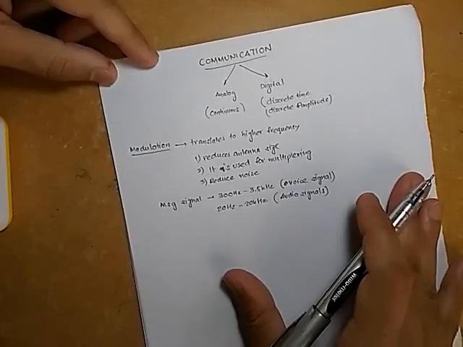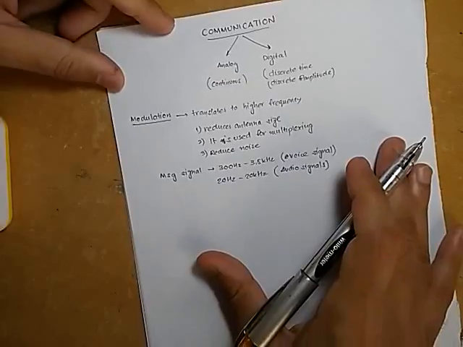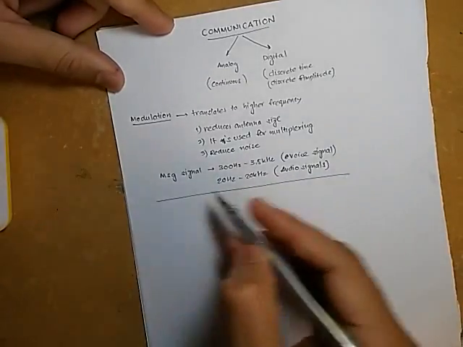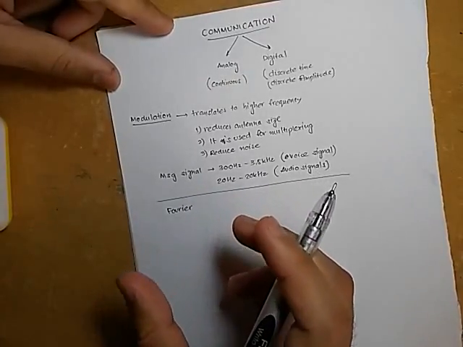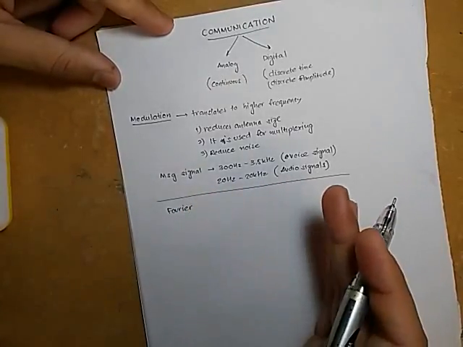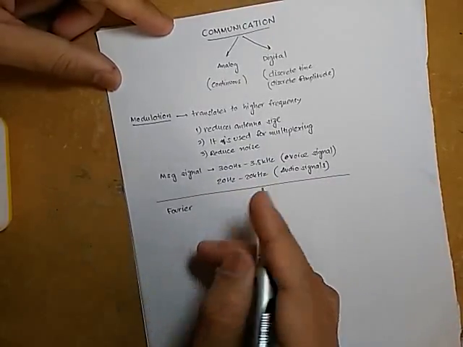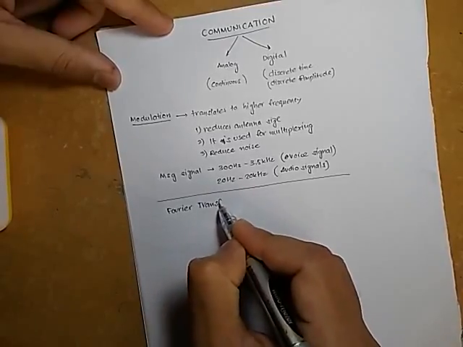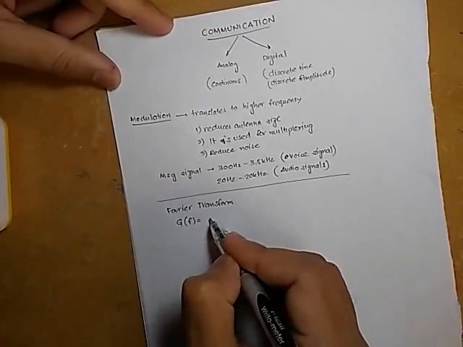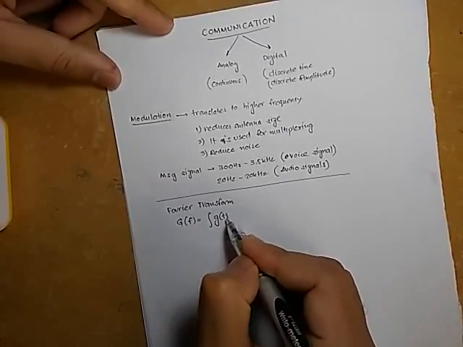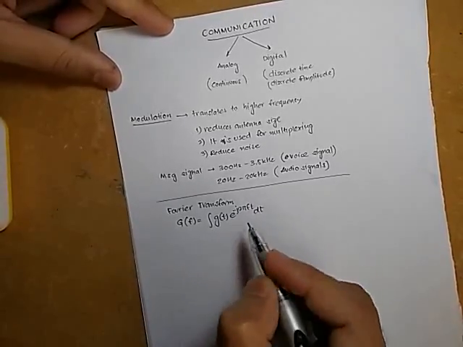Before we start communication, we need to know something about the Fourier transform. The message signal in time domain can be represented in frequency domain using the Fourier transform. The basic formula we have to remember: G of f is the integration of g of t times e to the power minus j 2 pi f t dt.